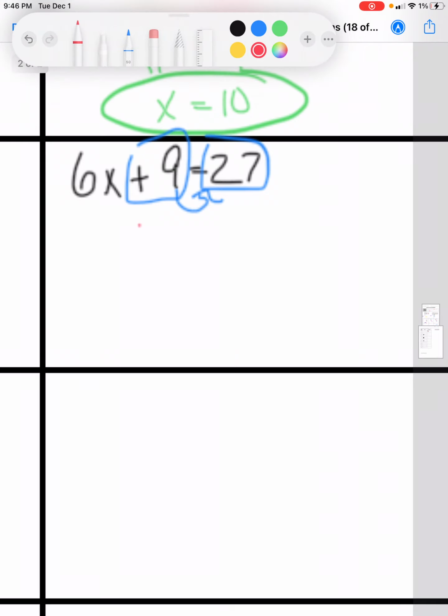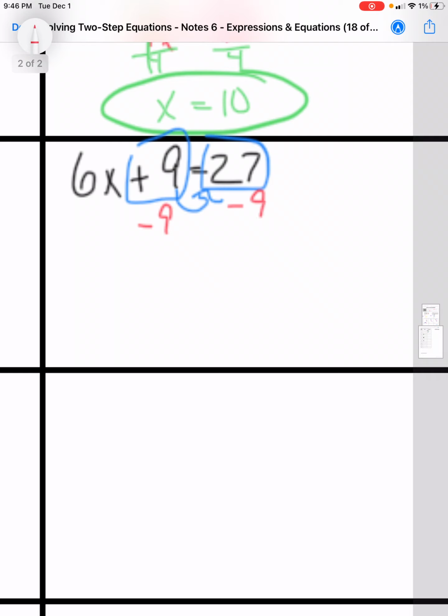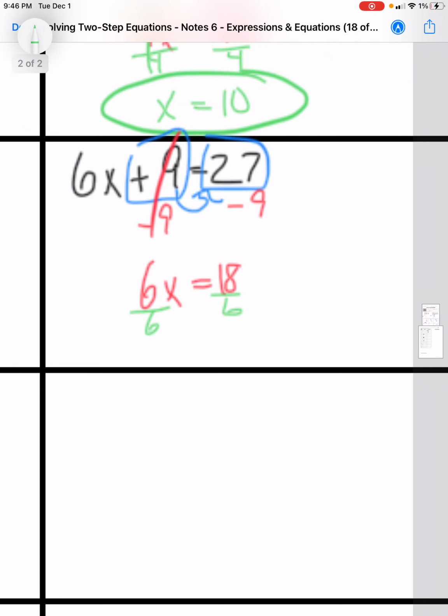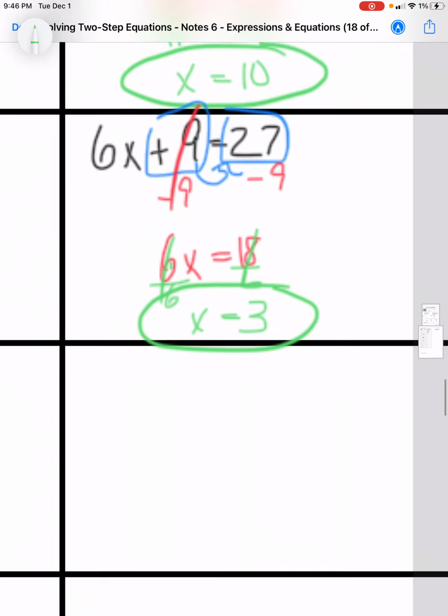We do the opposite of +9, which is subtract 9. Those go away, and I'm left with 6x equals 18. 6 times x, what is the opposite of that? That means to divide. Those go away, and I'm left with x equals 3. All right.